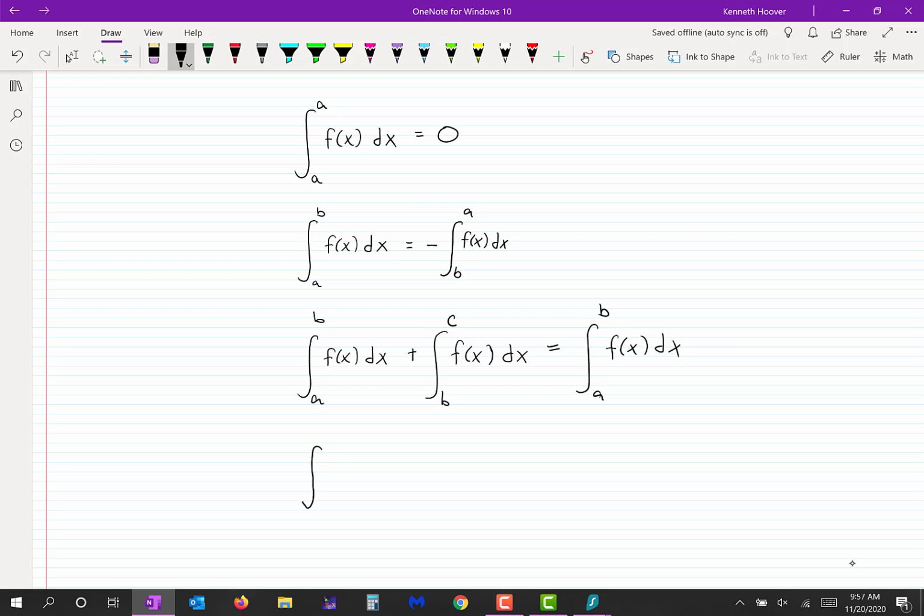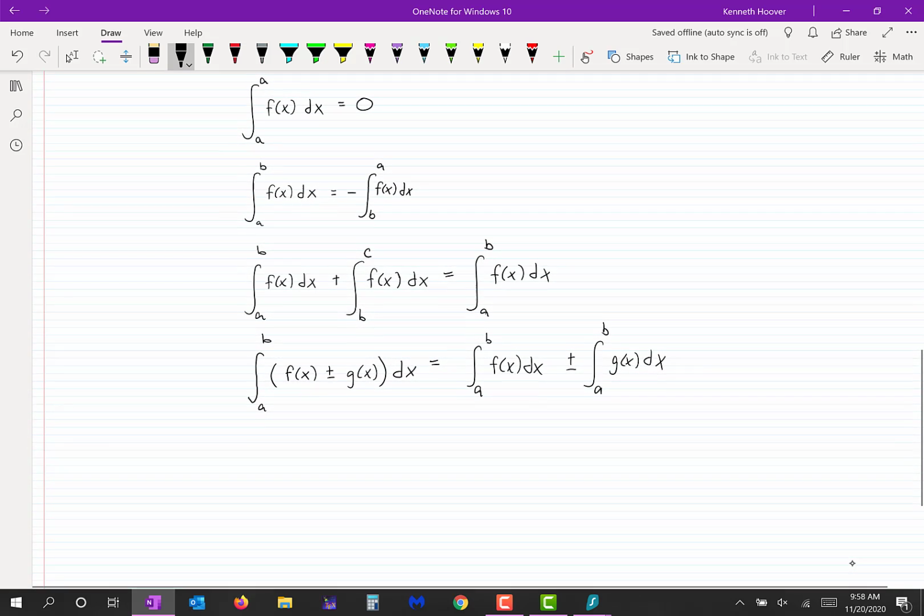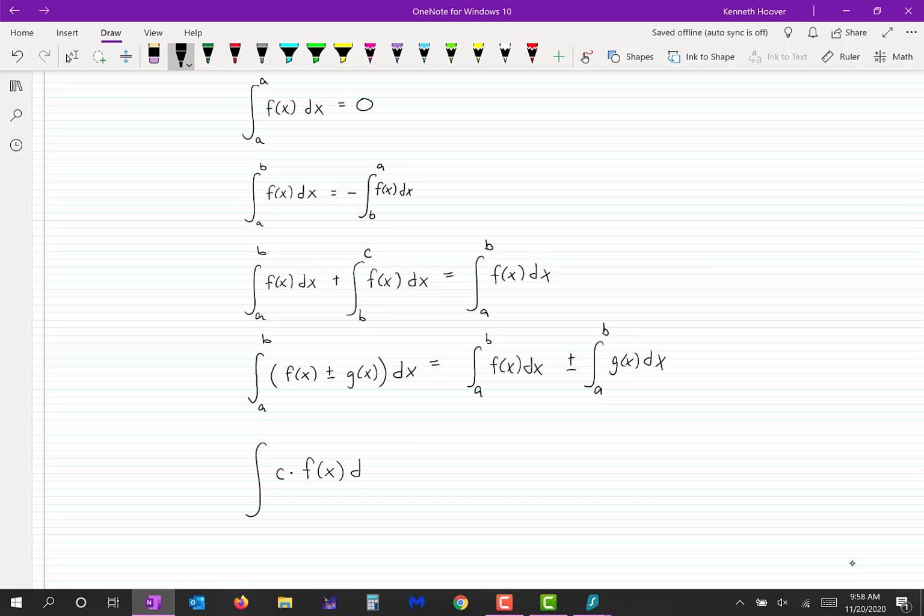This is the same as it was for indefinite integrals: you can split them up with addition or subtraction, and you can factor out constants. So those are some very helpful rules.